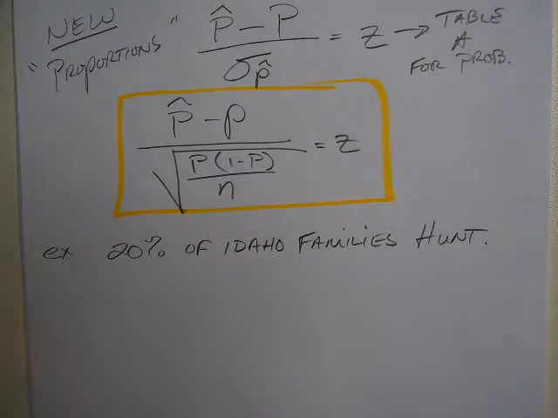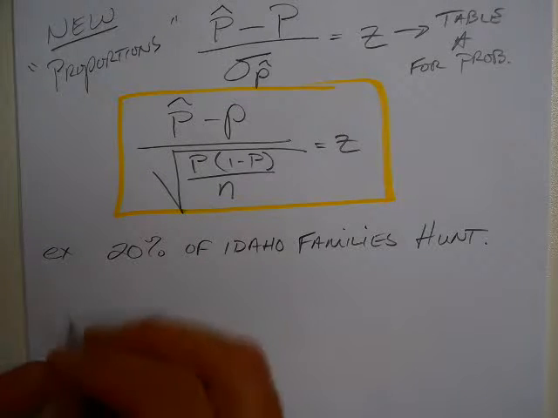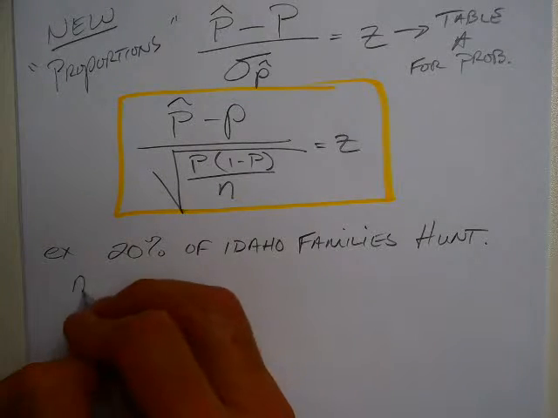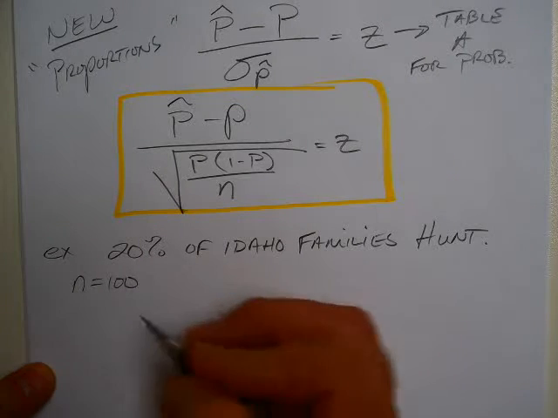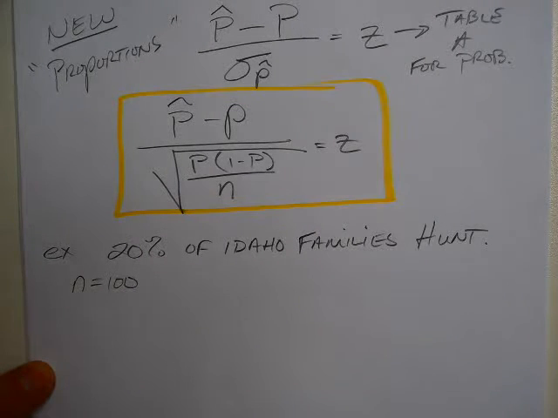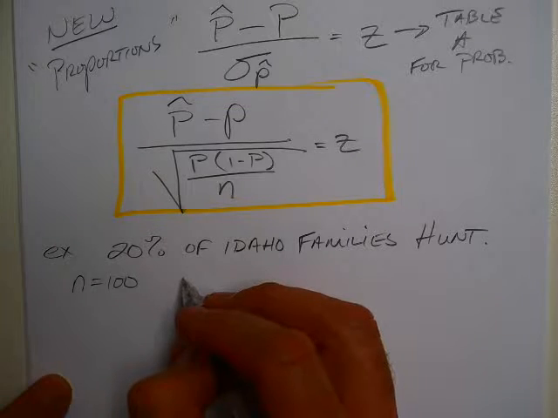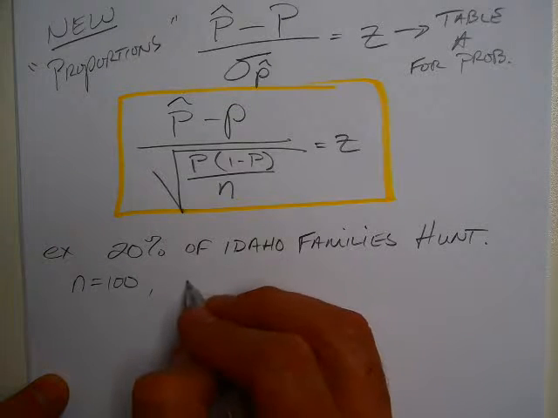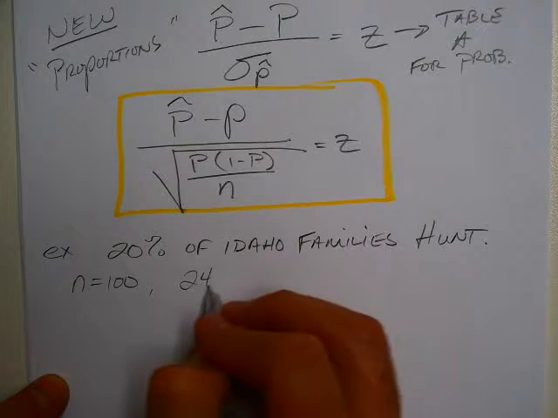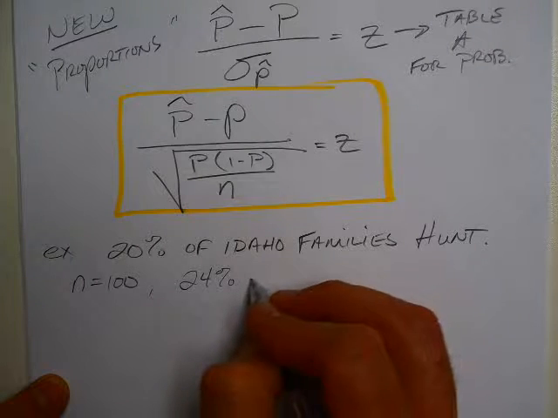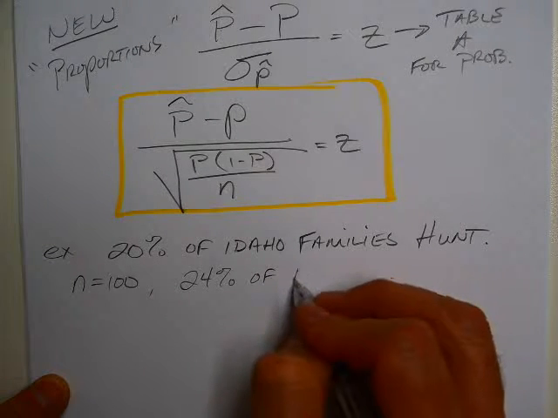Okay? But I take a sample of 100 families. And that sample, when I do some calculation, I get that 24% of the families hunt.